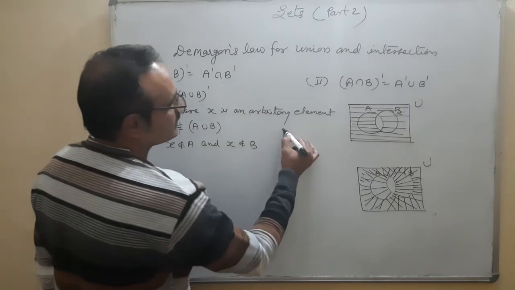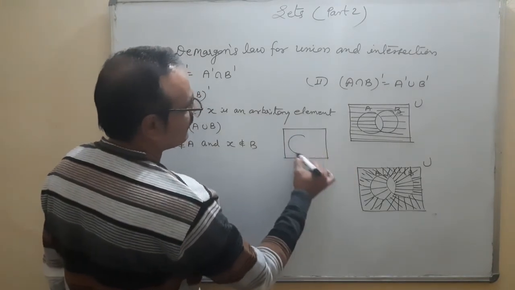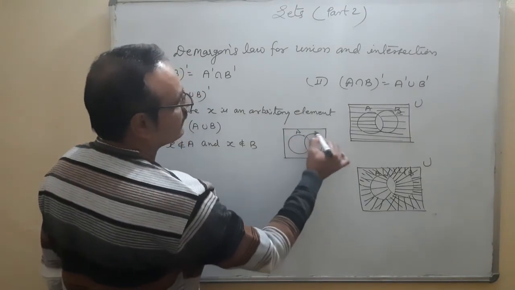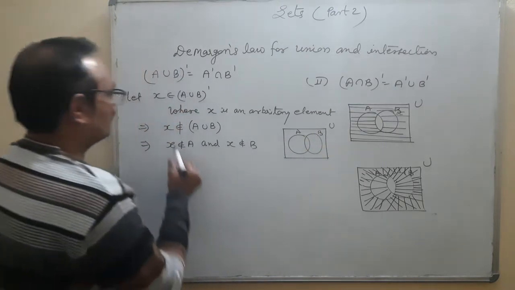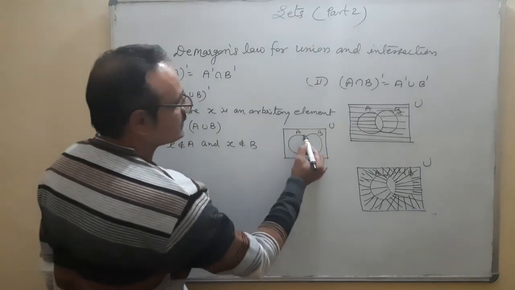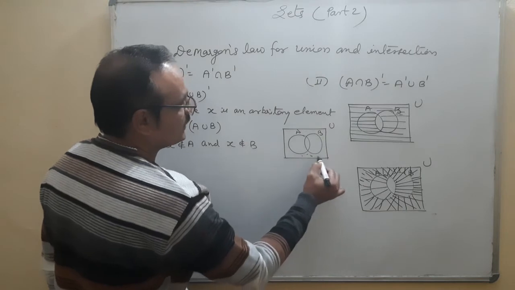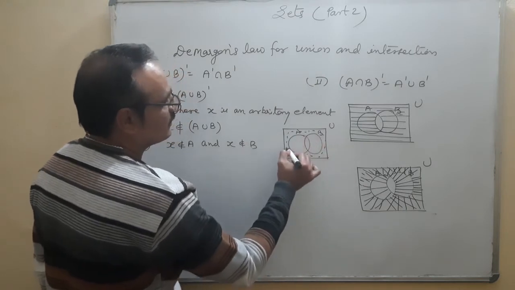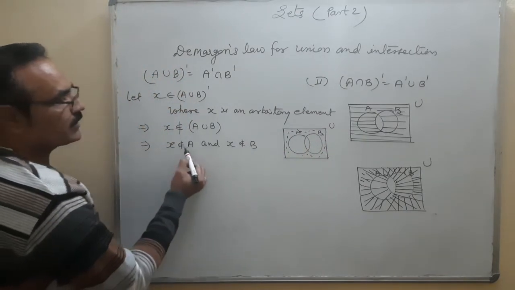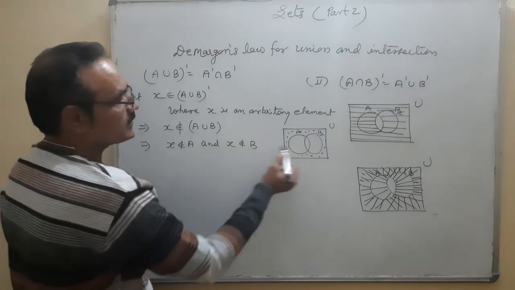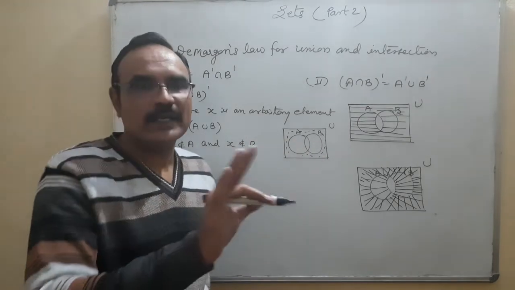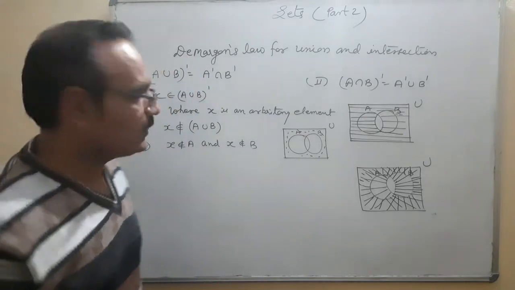By diagram you can understand it. A, B, X doesn't belong to A. That means X is not belonging here. So X must be here. And what should I write here? X doesn't belong to A and X doesn't belong to B. That means it's confirmed that X is not belonging in A and B both.